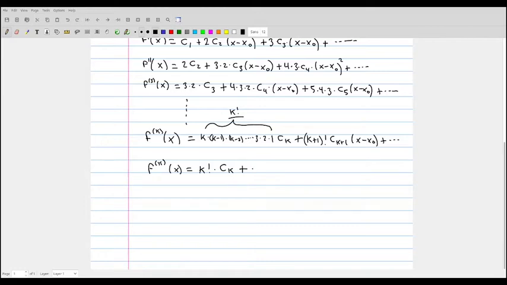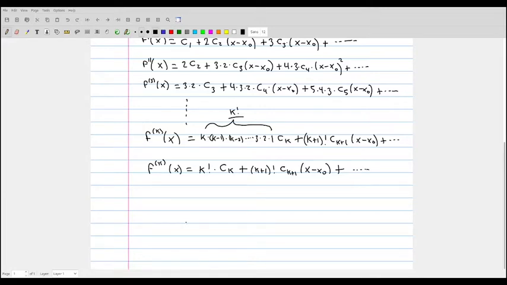So this is, say, k plus 1 factorial times ck plus 1 times x minus x naught plus everything else in the Taylor series expansion. And everything in the higher order expansion is going to be x minus x naught raised to a certain power.